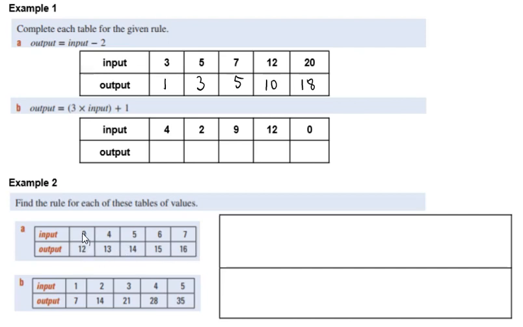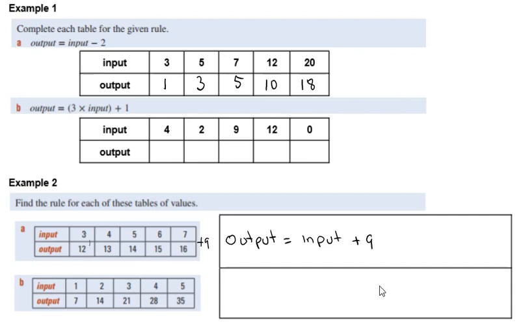And you can see that the difference between them is a 9. 3 plus 9 is 12, 4 plus 9 is 13, 5 plus 9 is 14, and so on. So our rule here is simply going to be output will equal our input number plus 9.